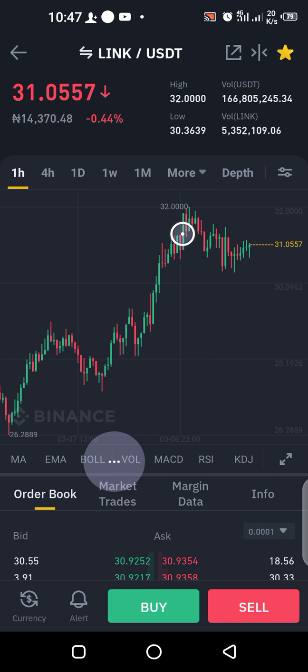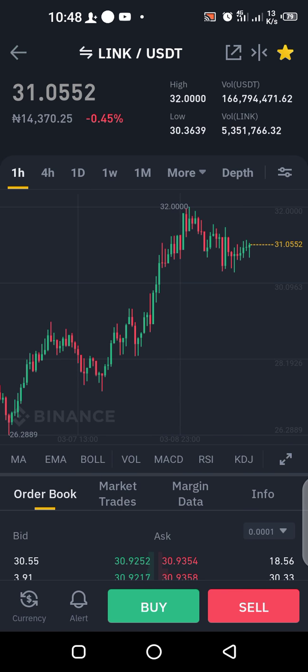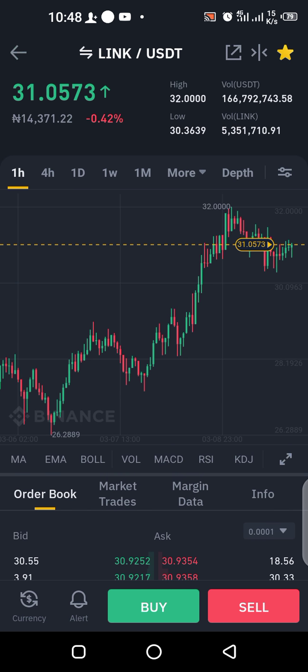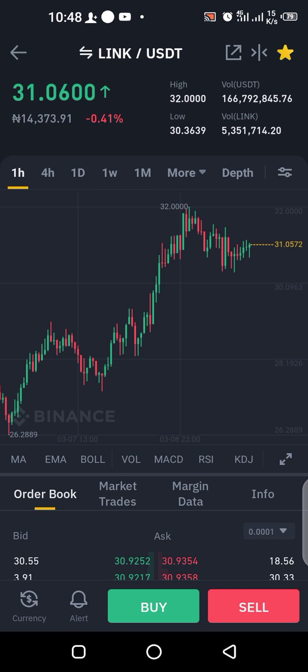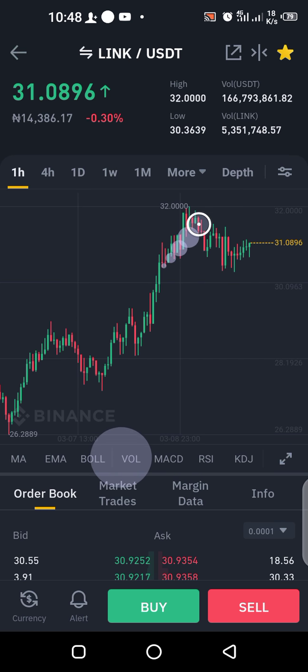Now, because the trend for the past 3 days is bullish, that's why you can have a strong uptrend here.